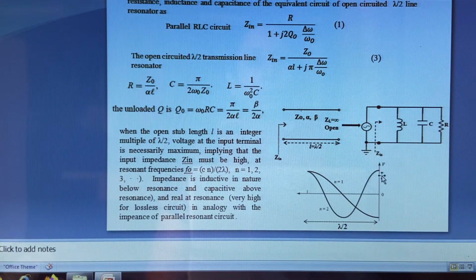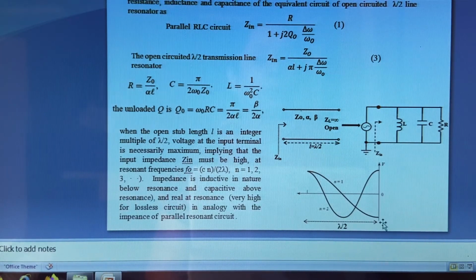It is maximum at the open end and at the input side, and it decreases toward the middle as shown in this figure. It is maximum here and maximum here, and it varies like this over the length of the line.